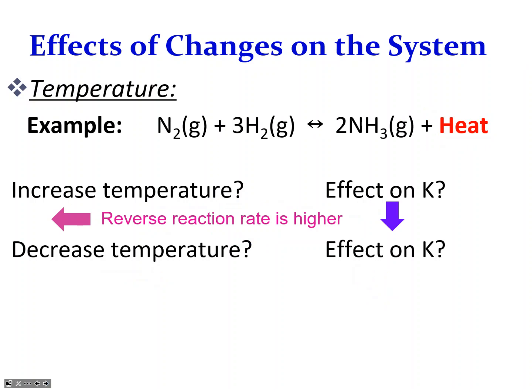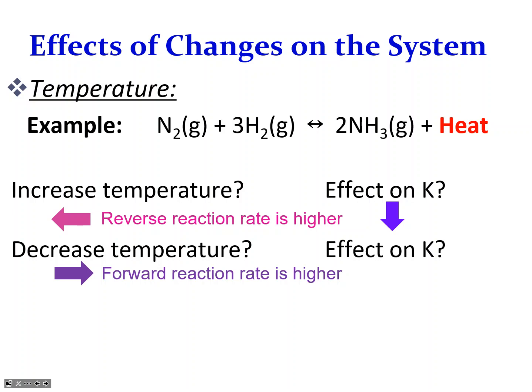The reverse reaction rate is going to be higher if it's proceeding towards the reactants here, because the reverse is a little bit initially higher when the temperature is increased. And then when we decrease the temperature initially, the forward rate is going to be higher until they get back to equal rates. And remember, increasing the temperature, the new rate, when it finally gets equalized at equilibrium, is going to be higher than the original rate.